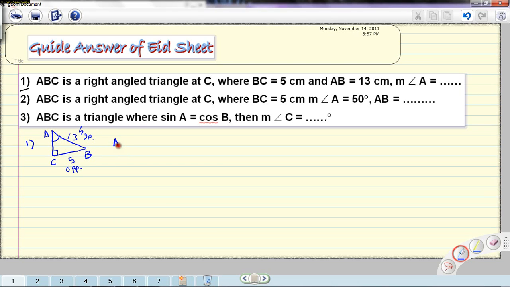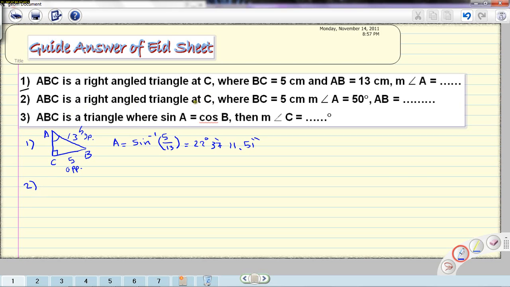Measure angle A equals shift sine, or sine to the power -1, of 5 over 13. And the answer, maybe it's 22 degrees and 37 minutes, 11.51 seconds.